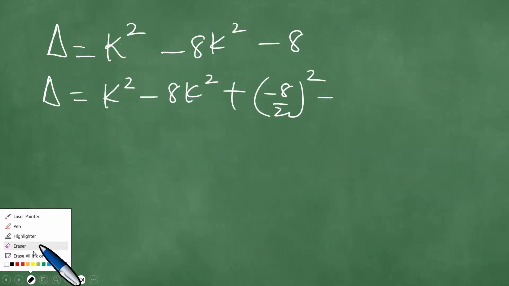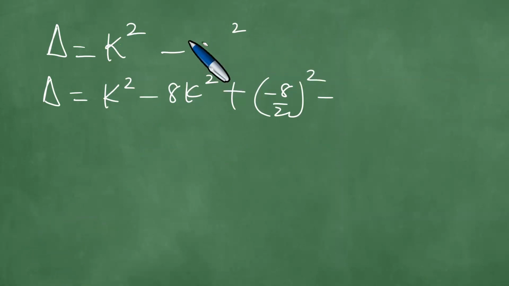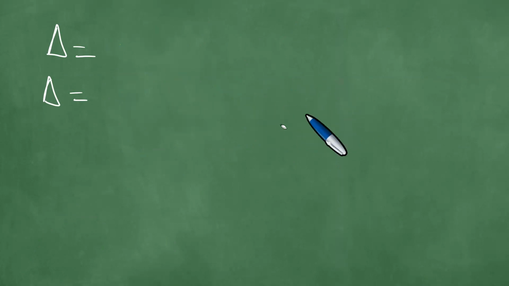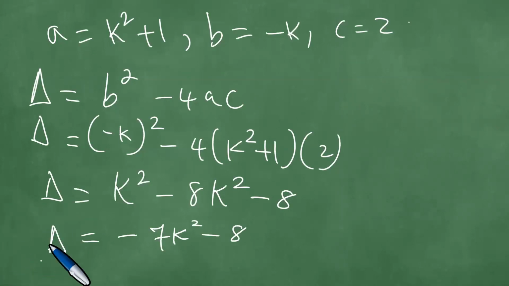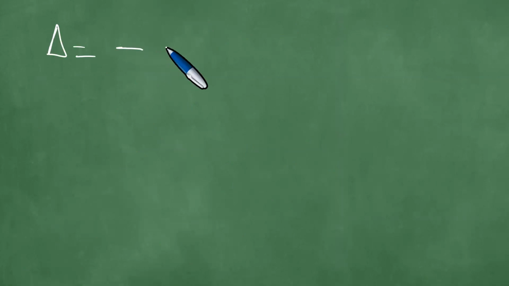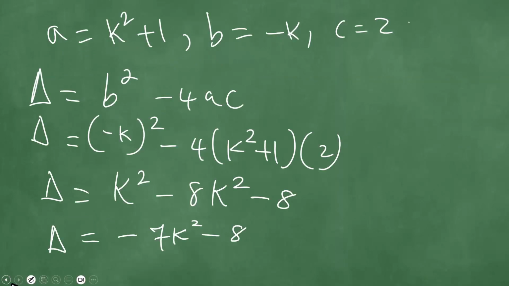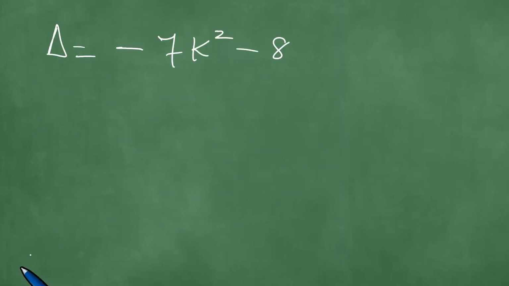So that, which is exactly minus... okay, so at this point you realize that k squared is greater or equal to 0.